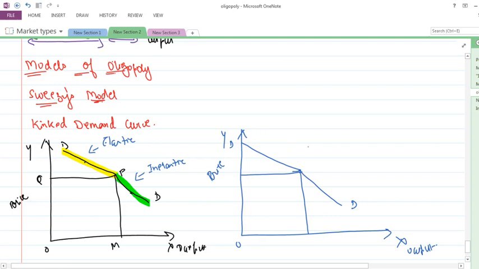Here we have the marginal revenue curve, wherein the kink occurs. There is a gap, and this gap is determined on the basis of where the kink is in the price level.